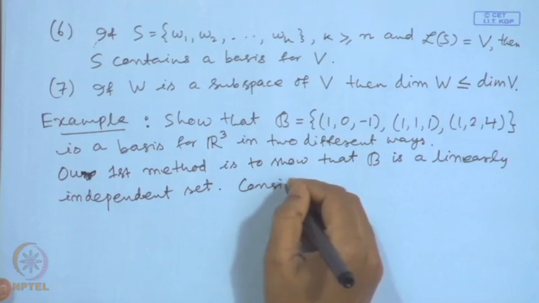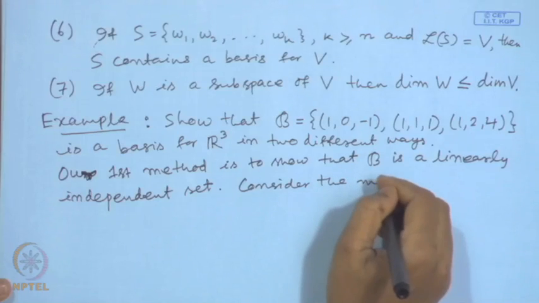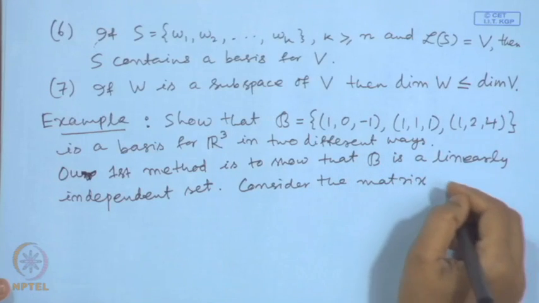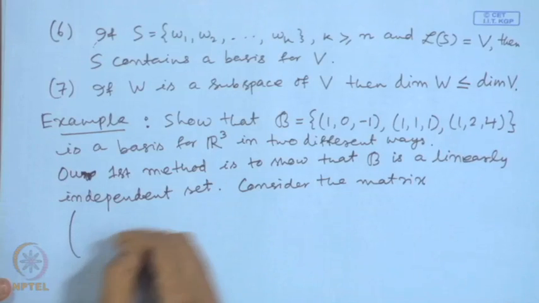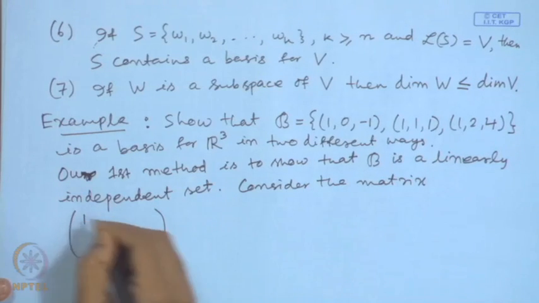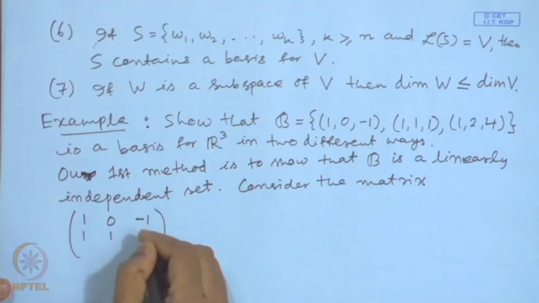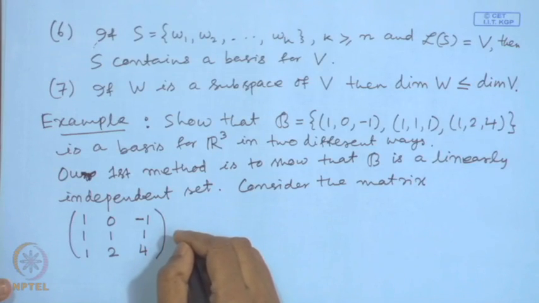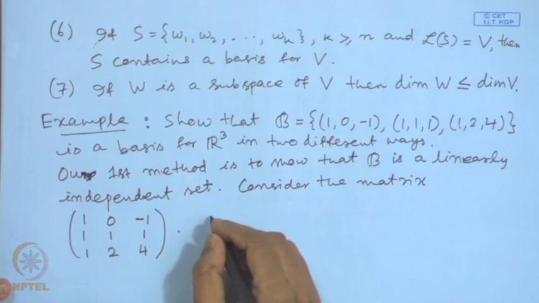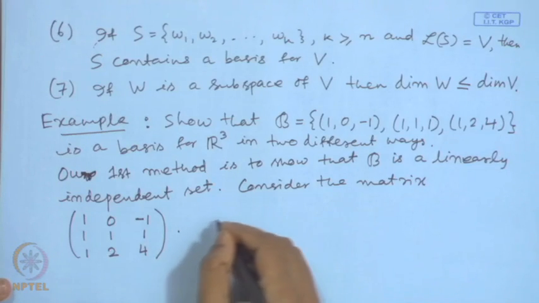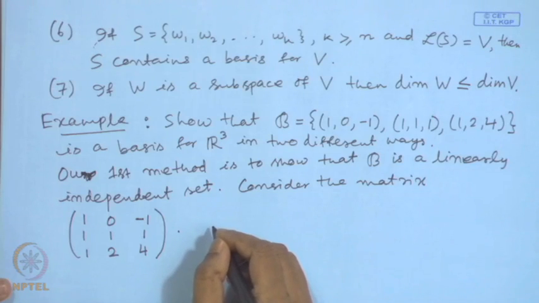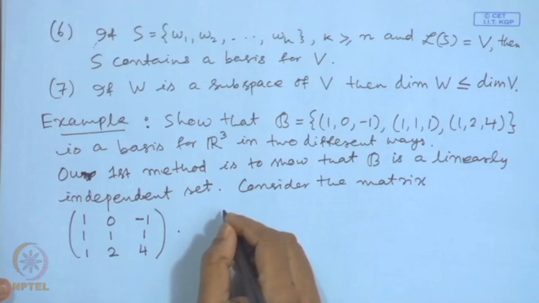Consider the matrix whose rows are the given vectors (1, 0, minus 1), (1, 1, 1) and (1, 2, 4). Converting this to echelon form, we get the following.